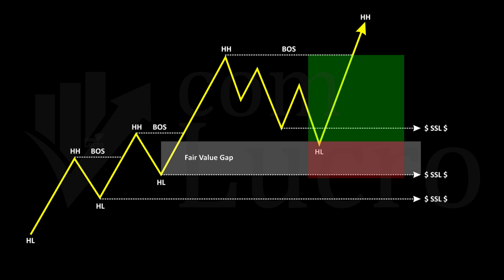To break it down further, the first source is the liquidity imbalance inside the fair value gap, and the second is the stop losses of early traders who entered prematurely. Once both are cleared, the path becomes significantly cleaner for price to move decisively toward the next liquidity pool. This is precisely what makes the setup so effective in real market conditions.